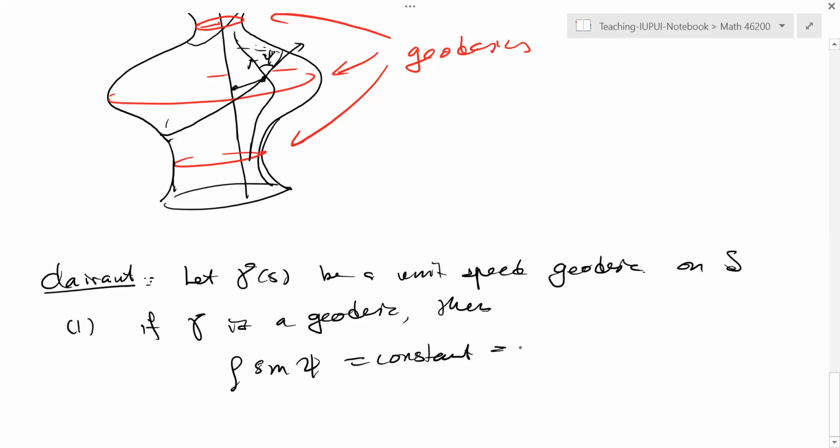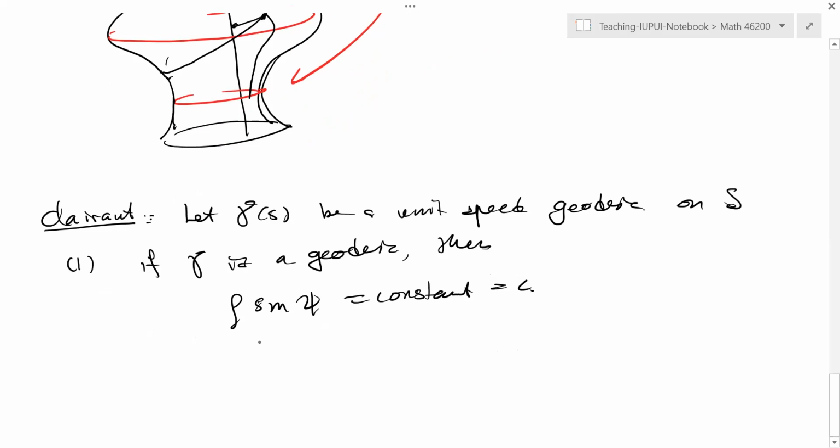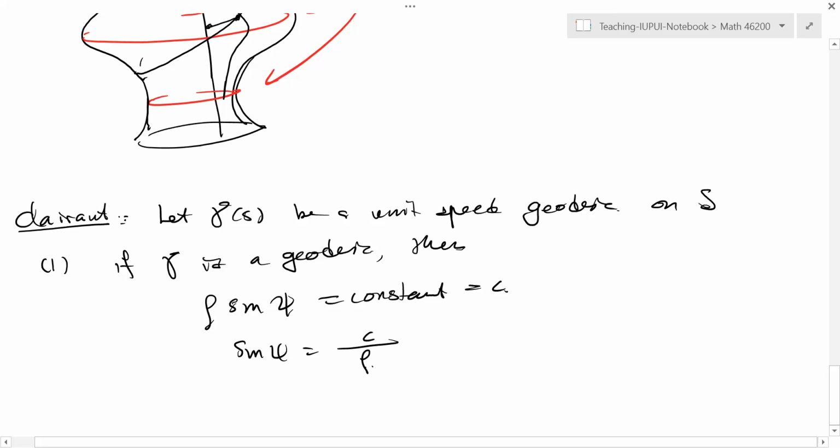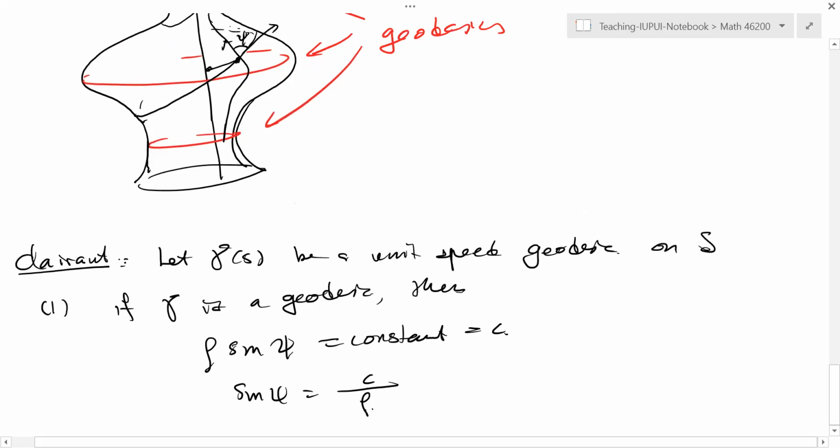And if this is a constant c, then you can tell that sine phi is going to be c over rho. So how do you draw the picture? If the geodesic already stops at a point, and you know rho, then you can determine in which direction the geodesic will go, because sine phi is going to be the constant c divided by rho.